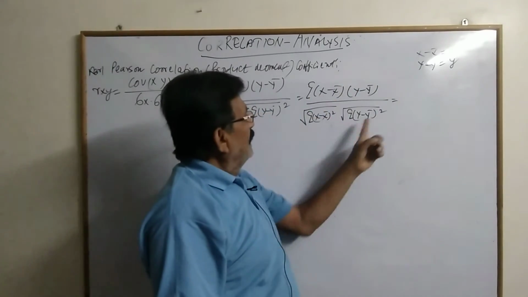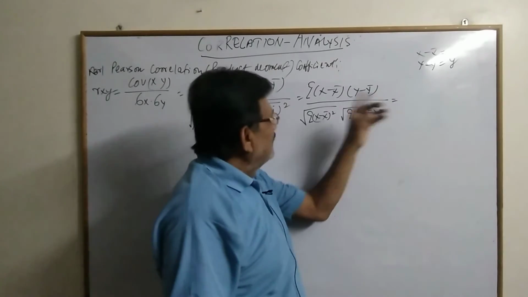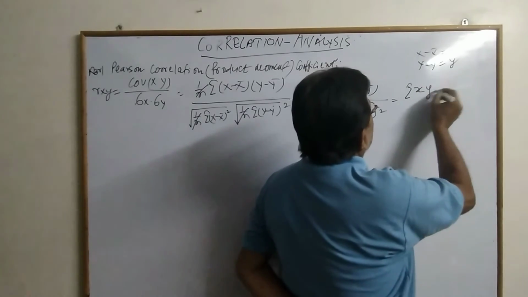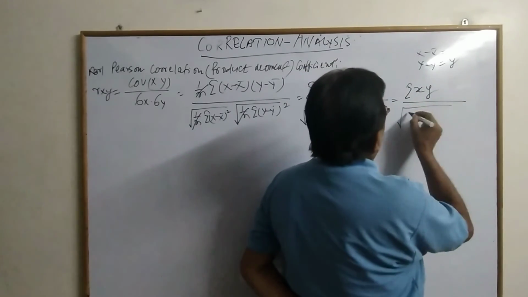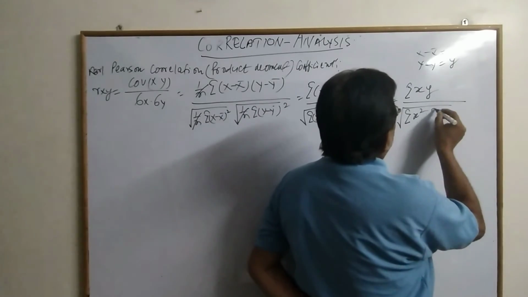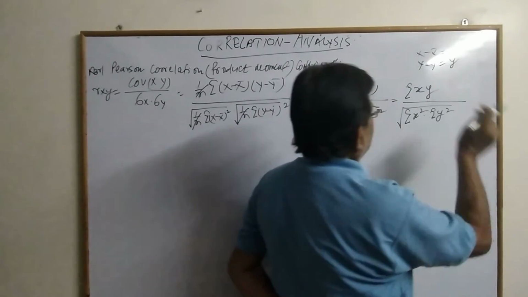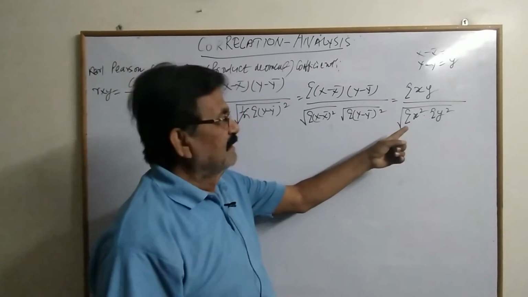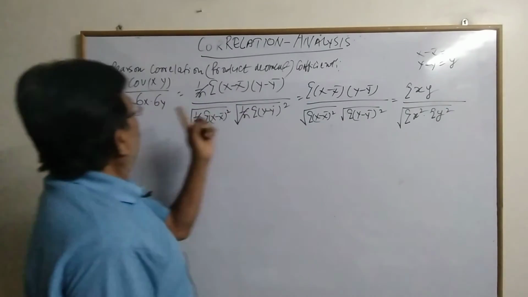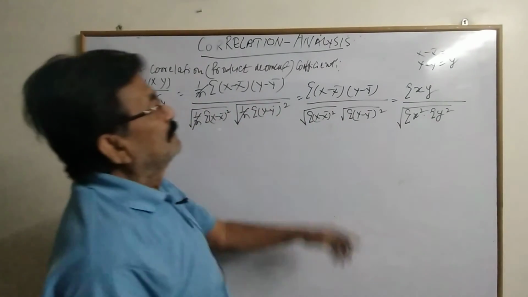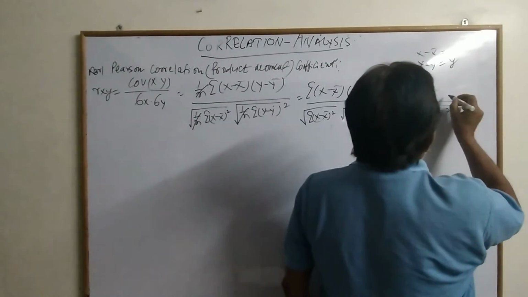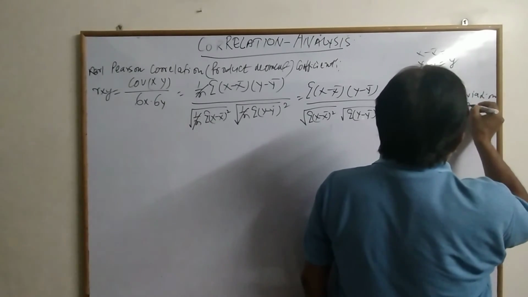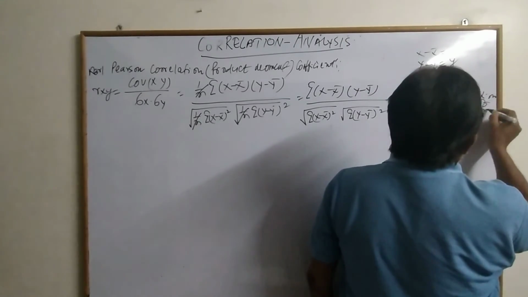So this original formula is converted into deviation form. It can be written as summation xy divided by the square root of summation x square times summation y square, taking these two in one root, nothing different. This form of Karl Pearson is known as the deviation form.